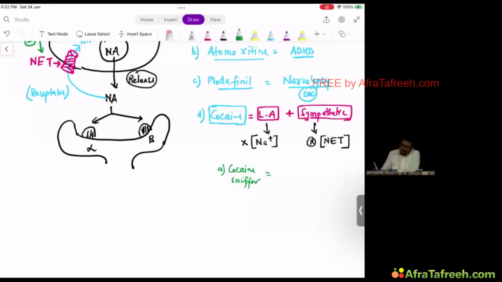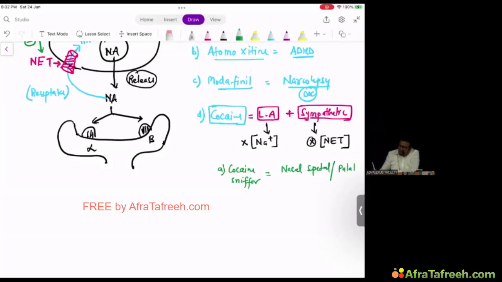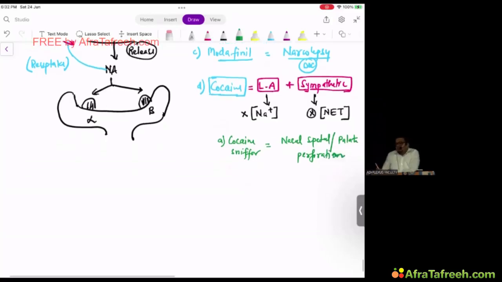So perforation. Nasal septal perforation or palatine perforation is a classical sign in cocaine sniffers, because of continuous vasoconstriction.